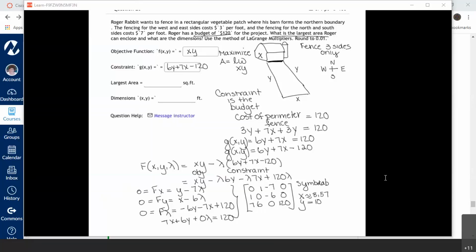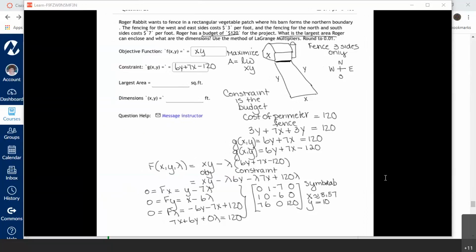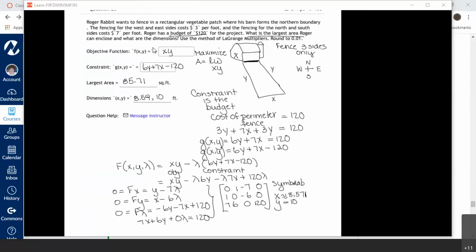They just want the dimensions. They told you to round to the nearest hundredth, so you'd say 8.57, 10. Then if you multiply these together, you get 85.71. You need an extra position here on your x so that you can round the area to the nearest hundredth.